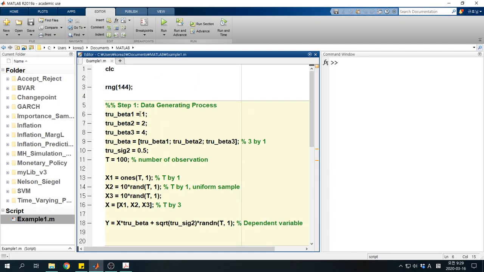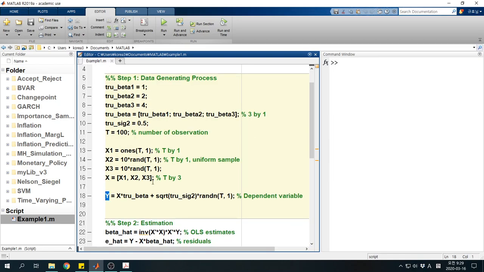Okay, so the first step is just DGP. So you are a sort of a god, and then you know all true values, and you generate the variables y. This is what you believe, how the dependent variable y is generated. So you believe that this y is generated from these linear equations, right?